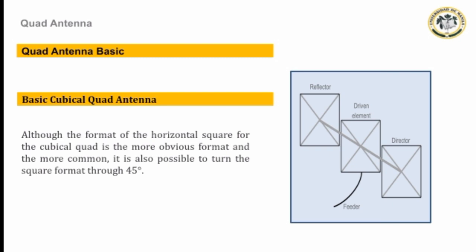When this format is used, it should be remembered that the width of the antenna is equal to the diagonal of the square, whereas when the horizontal square is used, then the width is equal to only the bottom of the square.